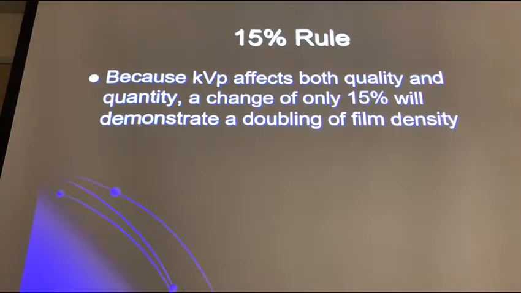You had two choices, either double the mass or go up 15% in KVP, and then the image came up with double the density. Now, this doesn't apply to computerized systems because when you increase KVP, you're increasing the penetrability and you increase the quantity. You increase two things. And computerized systems don't work that way.